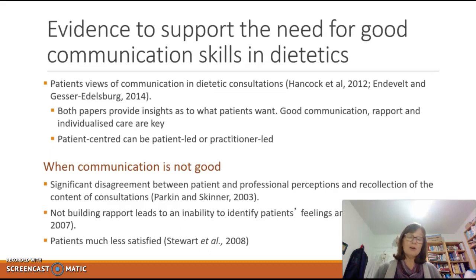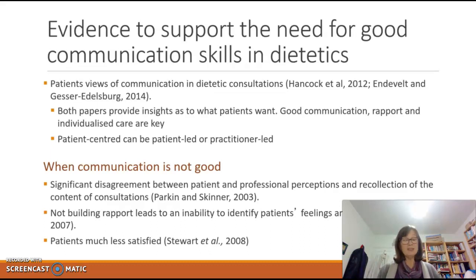We've also got quite a lot of evidence of what goes wrong if communication isn't good. And although this paper is quite old, it's a really good example of a study that's looked at the patient and the professional perceptions. What actually happened in that consultation.